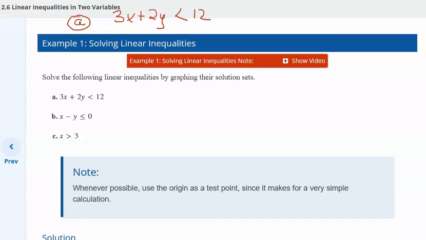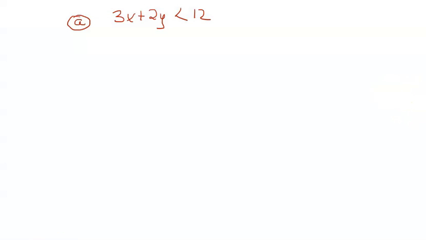And there is example 1, item A, and it wants us to graph this. Let's go to the whiteboard. Now, to do a little review, since this is in standard form, a good technique would be to find the x and y intercepts.